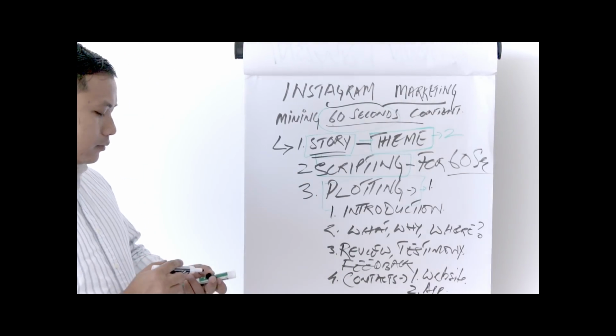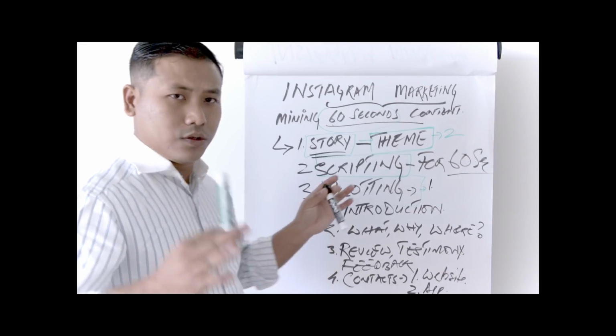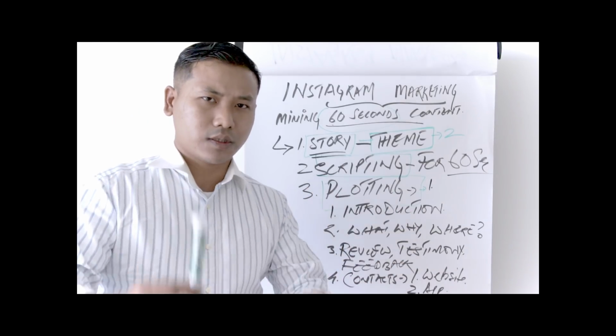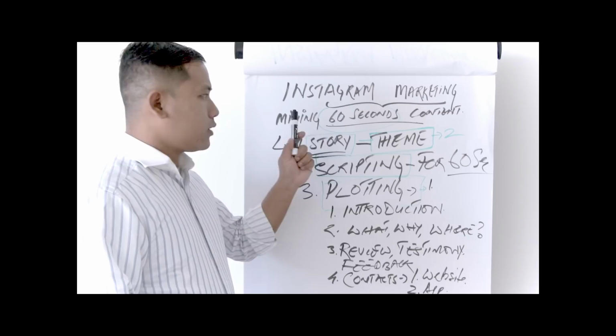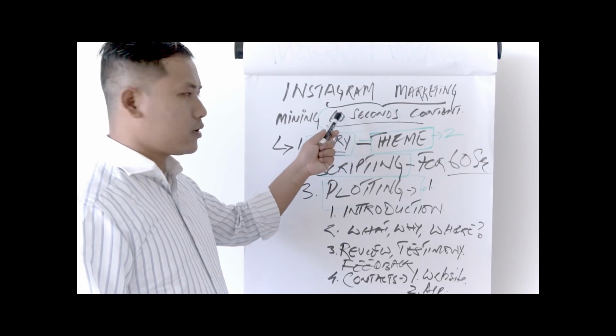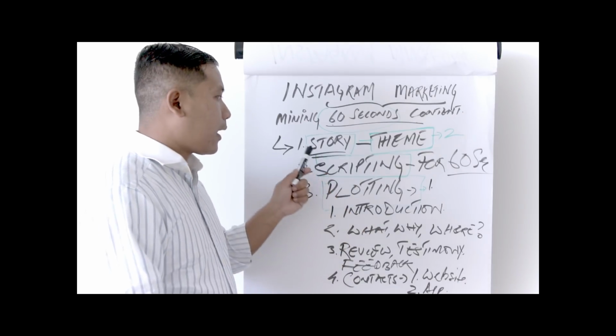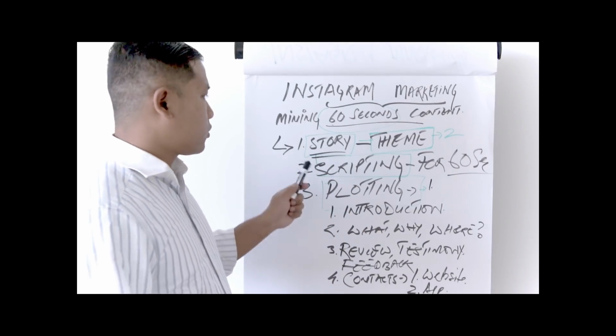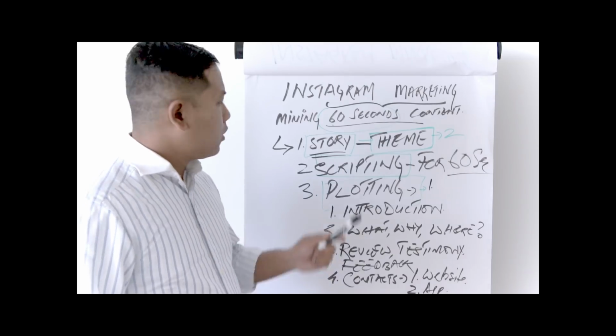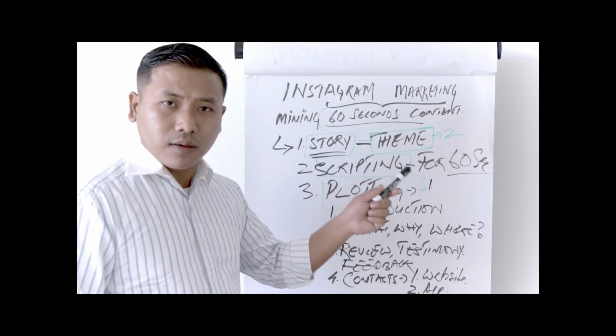The first thing is to create good content for your 60 seconds. You have to understand that there is a 60-second time limit to create this content, and you want to create a story, and the story has a theme, right?